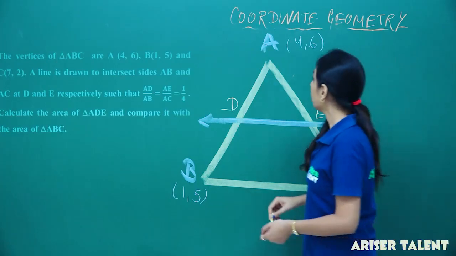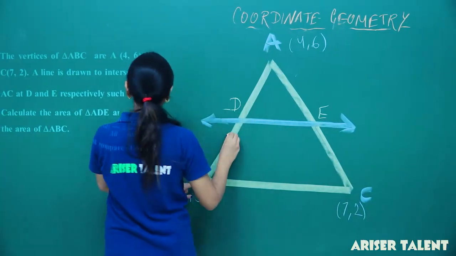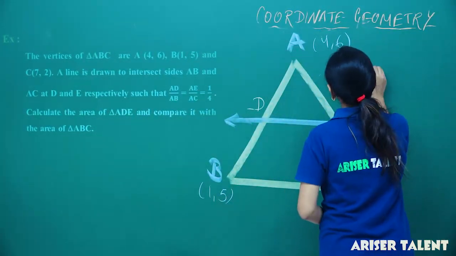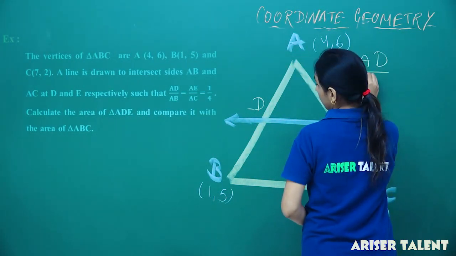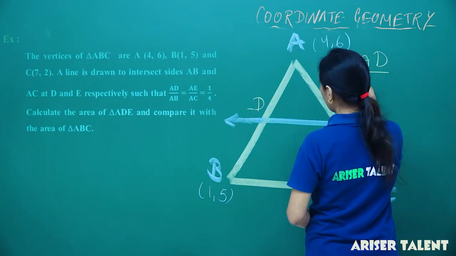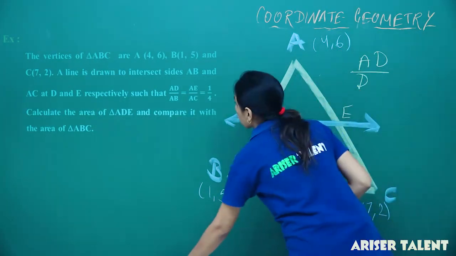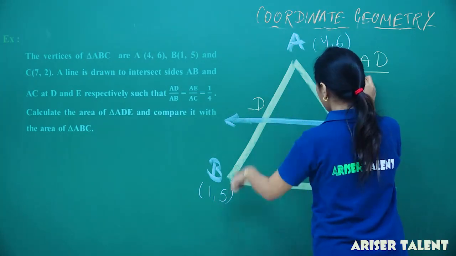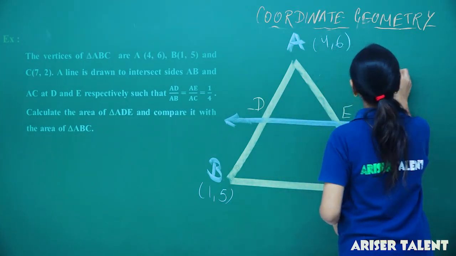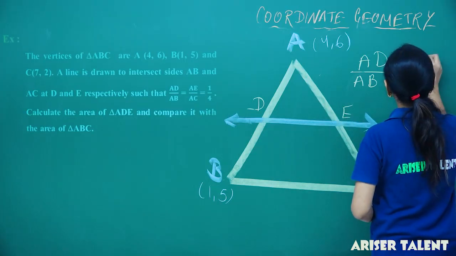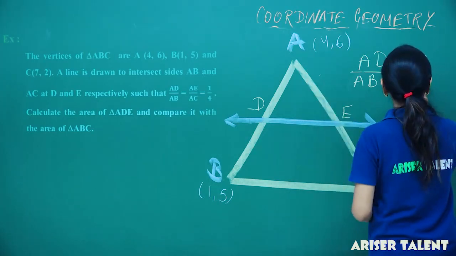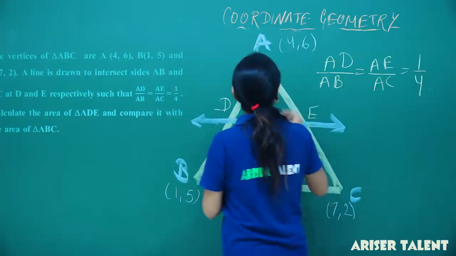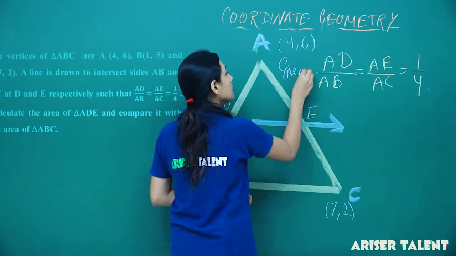Respectively such that AD by AB and AE by AC. AD by AB is equals to AE by AC. Is that so? Okay, is equals to 1 by 4. This is given to you guys.